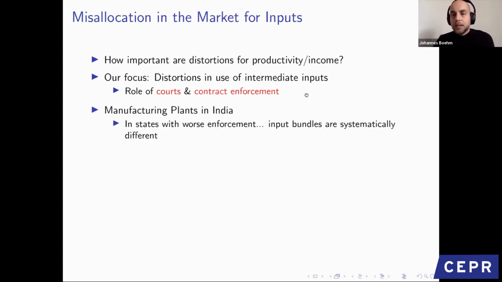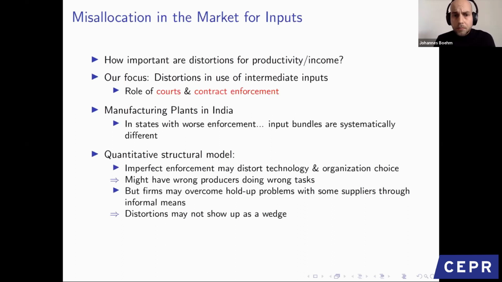So we're going to study that in the context of India. We're going to first look at intermediate input bundles across states in India within industries. Effectively, we're going to find that in states that have worse contract enforcement in courts, measured through the speed of enforcement, the input bundles of the firms appear systematically different, and we interpret that as to some extent coming from distortions.